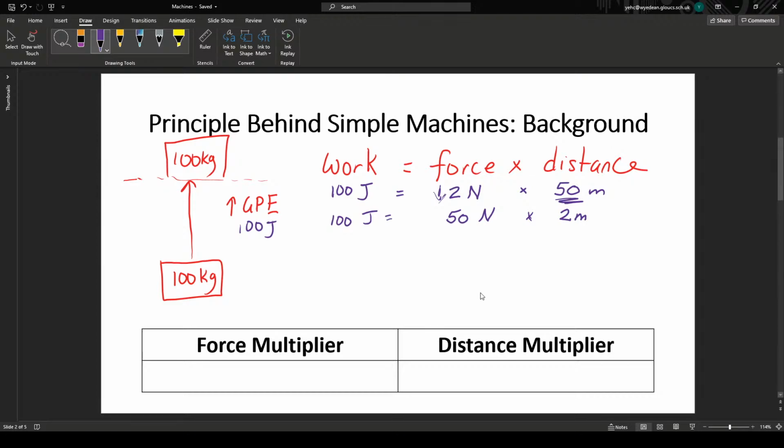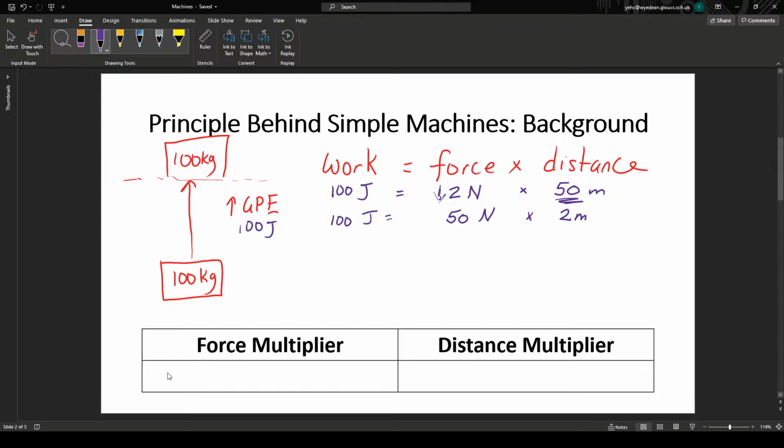So this will make sense when I give you a context for it. But the main key thing that I want you to understand is that if there's a set amount of energy that we're trying to transfer, force and distance, as one goes up, the other goes down.